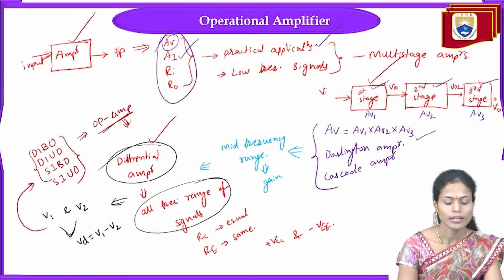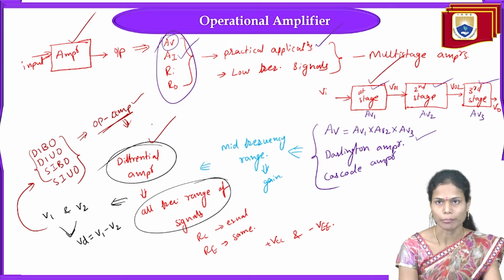It can amplify the differential voltage, and it will provide the highest common mode rejection ratio and a very high differential gain here. That is the main function or advantage of the operational amplifier.